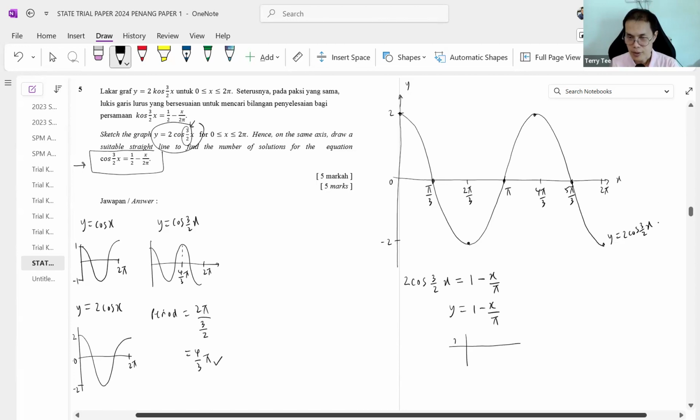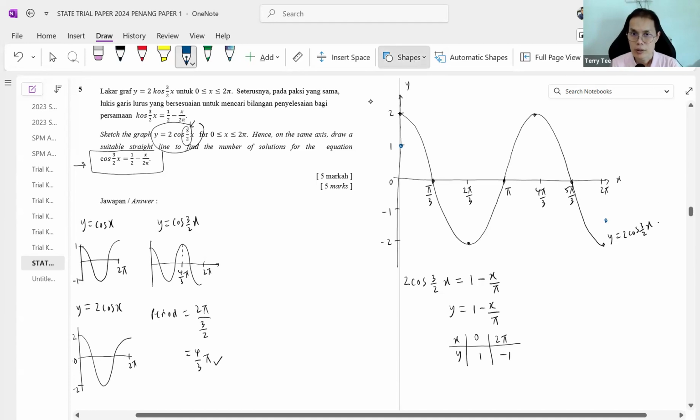Let us make a table of values, x and y. We start with x equals 0, then we follow by 2 pi. When I put 0 inside, I'll get 1. If I put 2 pi, I'll get -1. So this is 1, this is -1. Now, let me use a blue color pen. This is 1. This is -1.